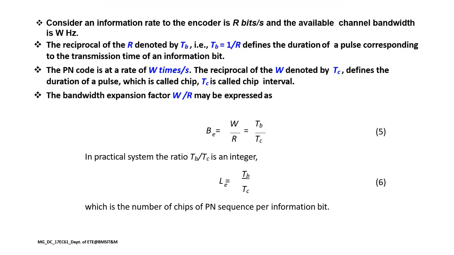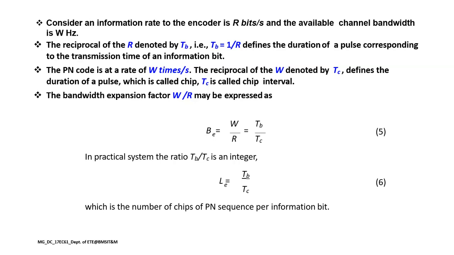Then I said the pseudo-noise code is at what rate? It is W times per second, where W is the channel bandwidth. The reciprocal of that gives you the chip duration, the pseudo-noise code duration, hence TC is called the chip interval.